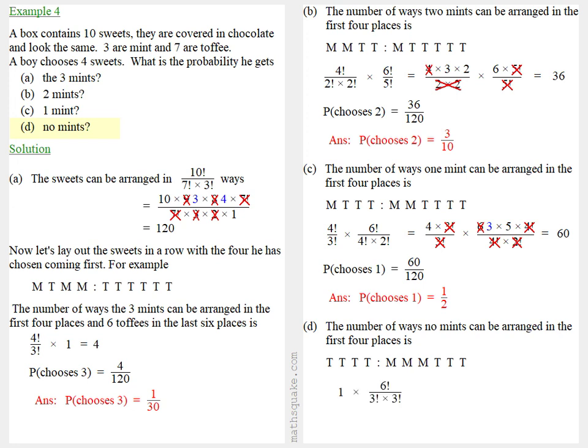So that's 1 times 6 factorial over 3 factorial times 3 factorial, which is 6 times 5 times 4 times 3 factorial over 3 times 2 times 1 times 3 factorial, which cancels down and leaves 20. So the probability he chooses none is 20 over 120, or 1 over 6.